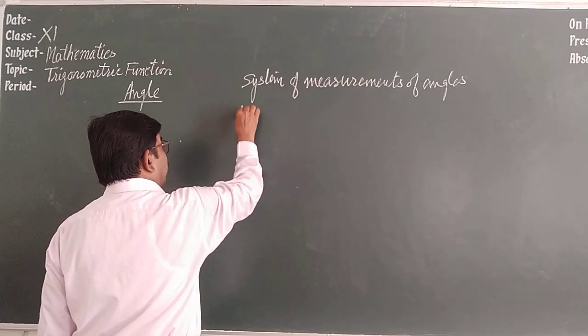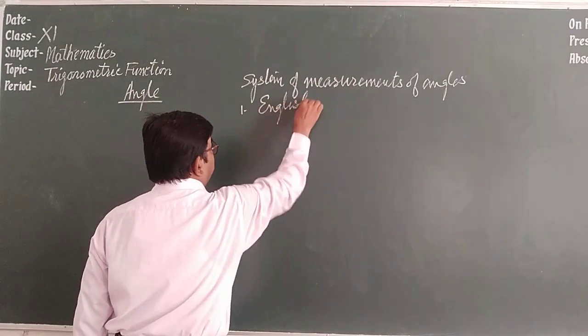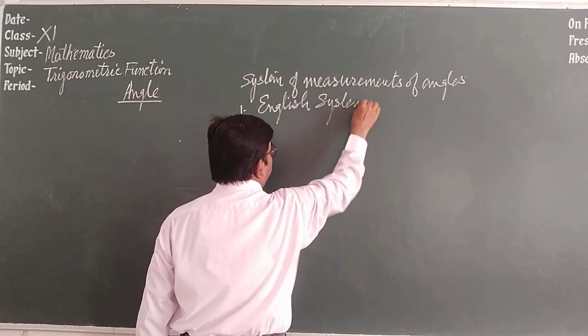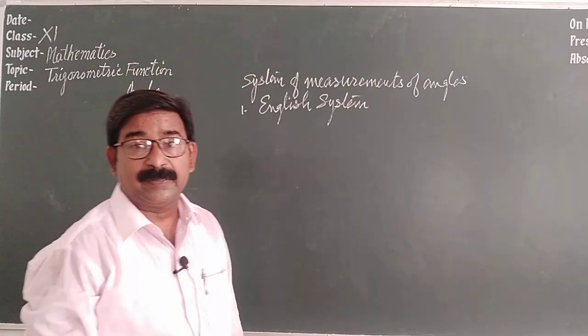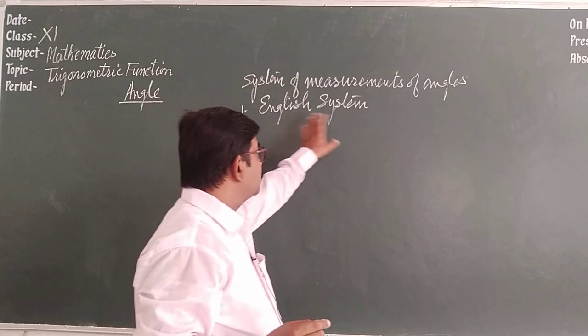Number one is called English system of measurement, or this is sexagesimal. Sexagesimal, English system is the common name.